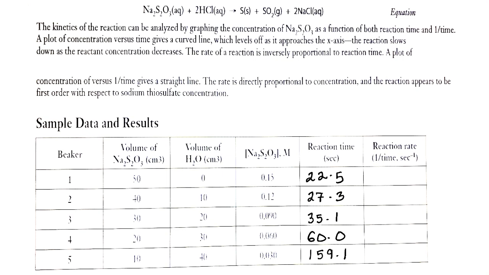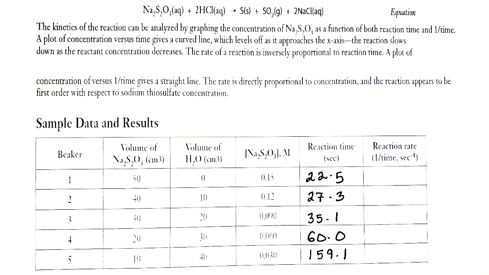So this tells us that the more concentrated the sodium thiosulfate, the more particles there are, the more collisions there are, and the reaction time will be very short. Whereas when we dilute it, because the particles are fewer, as in the fifth one, the reaction time becomes very, very long.